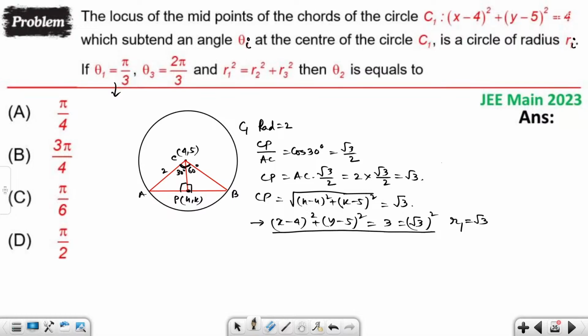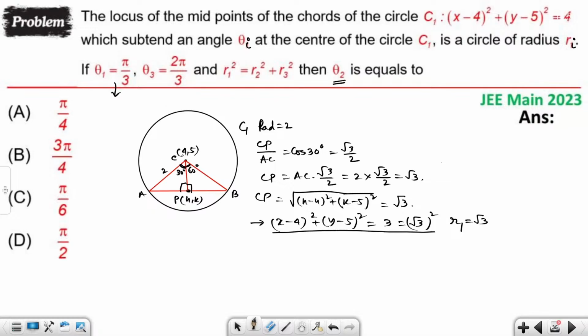Okay. Now the same thing is happening for 3 cases. This is the first case I have considered, when your theta 1 is pi by 3. Now for the second case, I don't know that angle. This angle has to be found. Now for the third case, your theta 3 is 2 pi by 3, that is 120 degree, right?